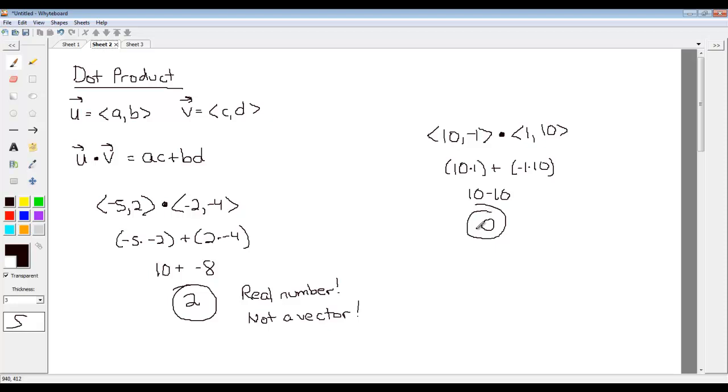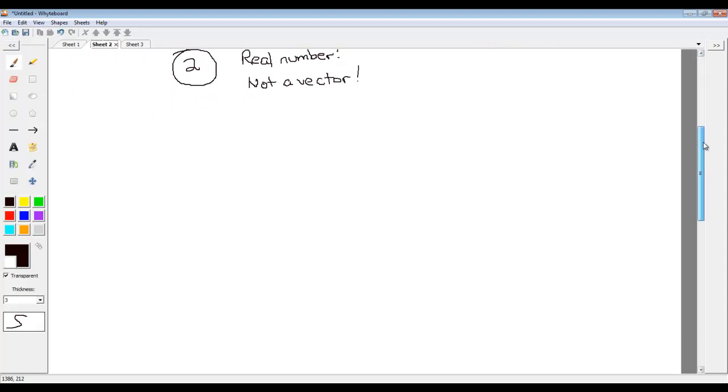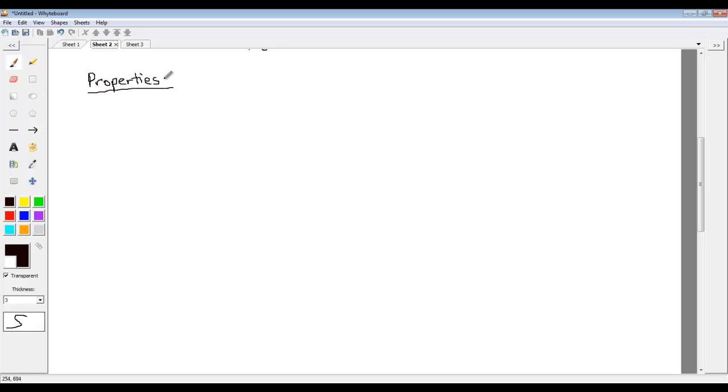The dot product has several properties. If you do u dot v, you can go the other direction and do v dot u, and the dot product will be the same.